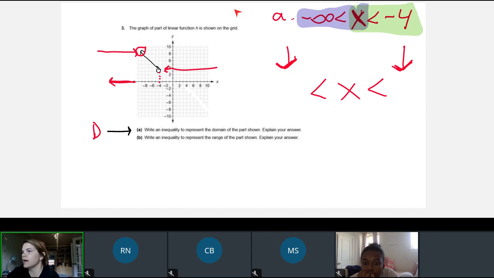Okay, so you just came at it from the right. There you go. So from the left, what is that X value? Write it in right here in this box.